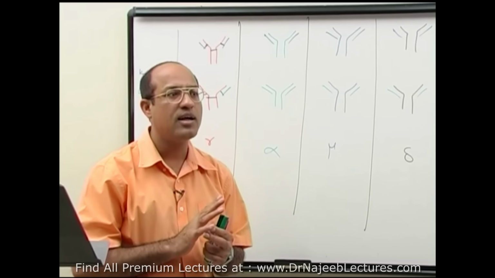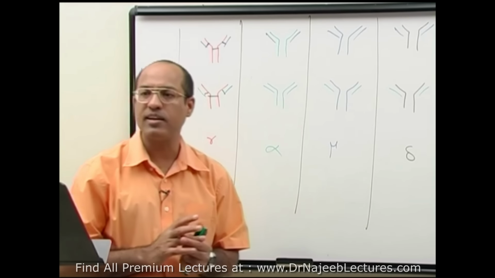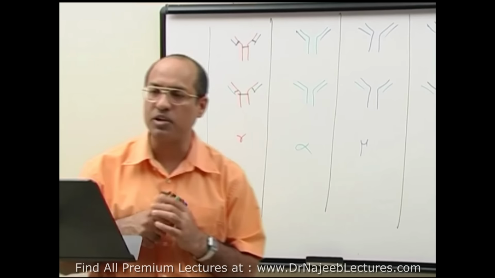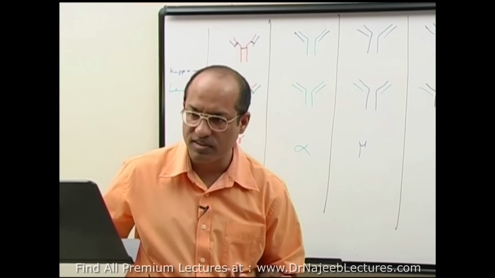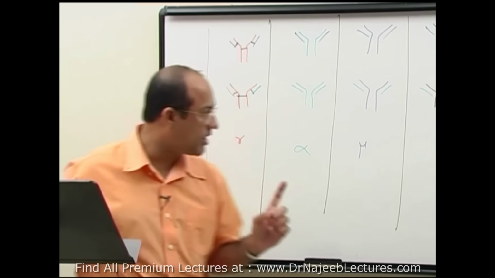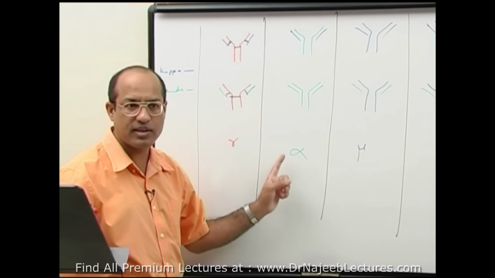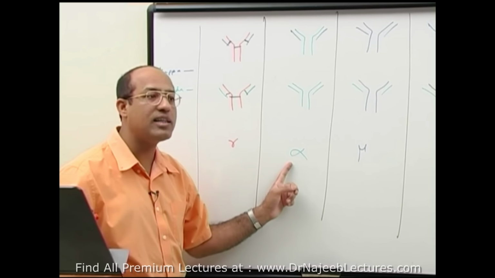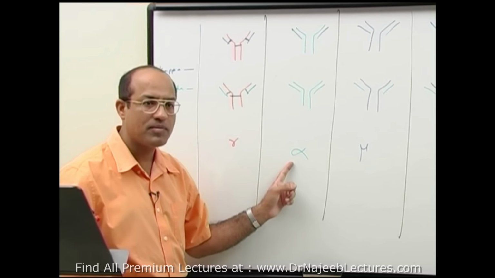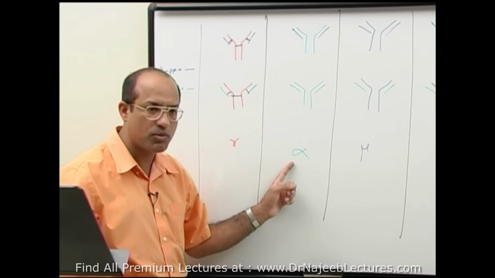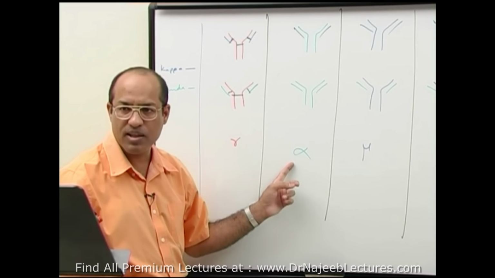Why do we divide the antibodies into 5 classes? That classification is depending upon the types of heavy chains. Is that right? So in any one group, suppose we talk about this group, if we take antibodies of only this group, all the heavy chains will be same. Is that right? But some light chains will be kappa and some light chains will be lambda.